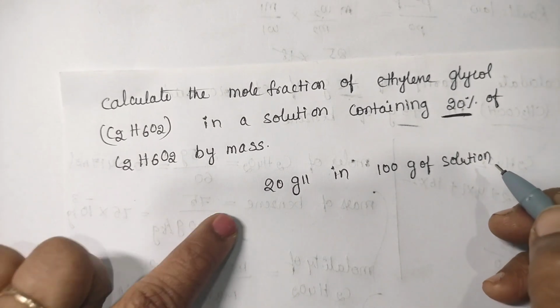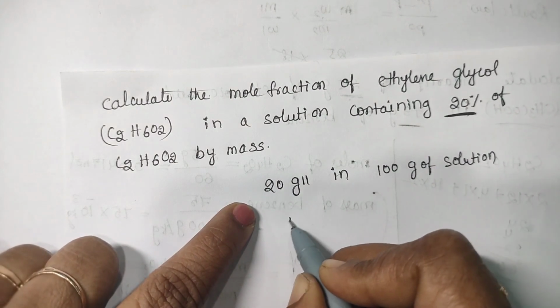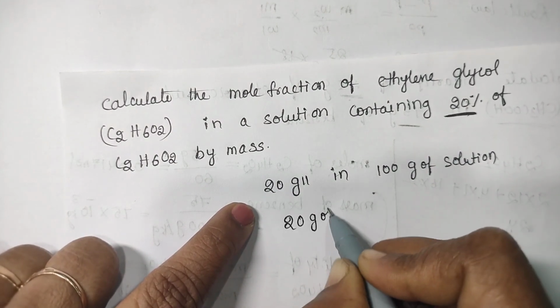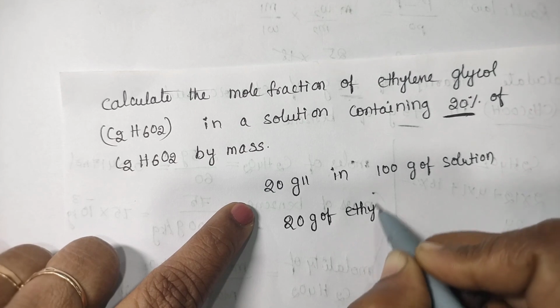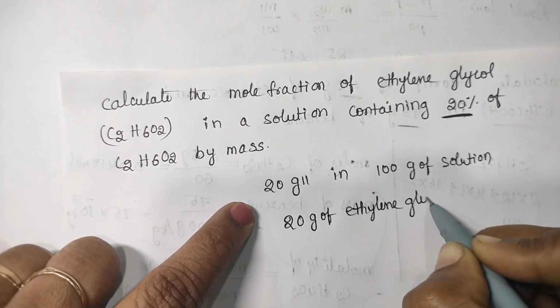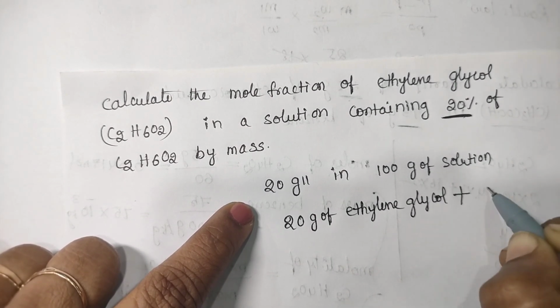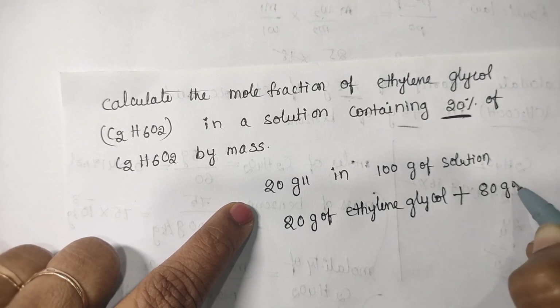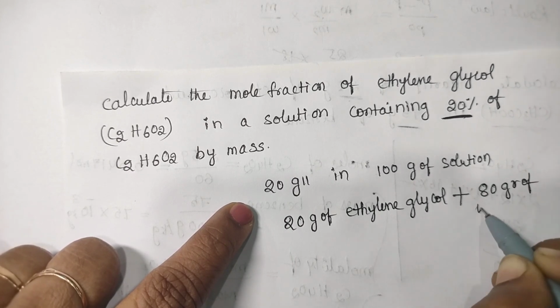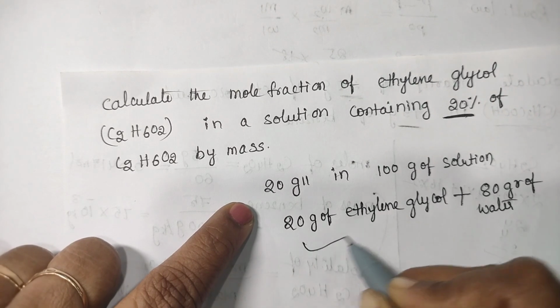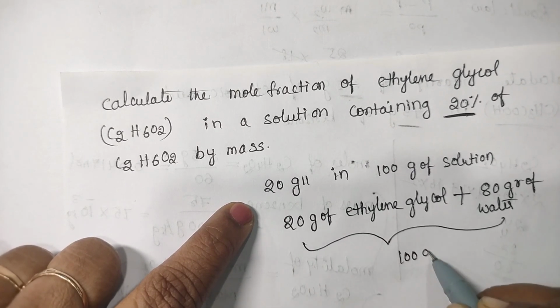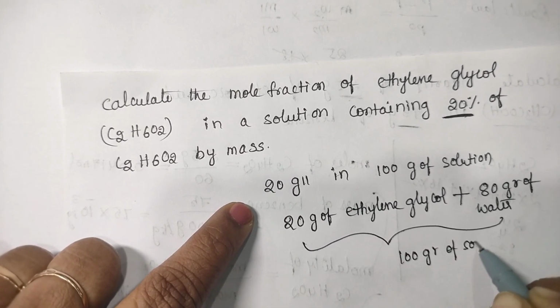Okay, now here 20 grams of this ethylene glycol plus 80 grams of water combined together to form 100 grams of solution.